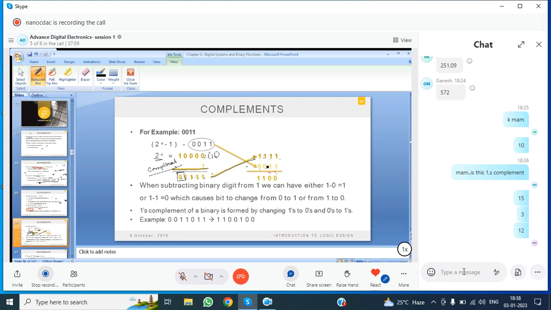So for 1111, you take this value, which is nothing but 3, and you subtract it. This way you can perform the subtraction using one's complement.